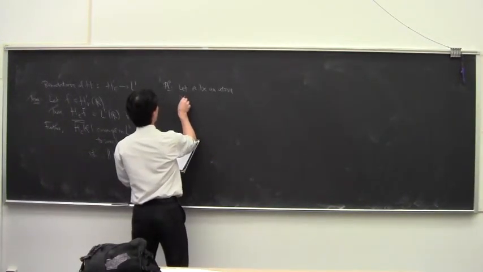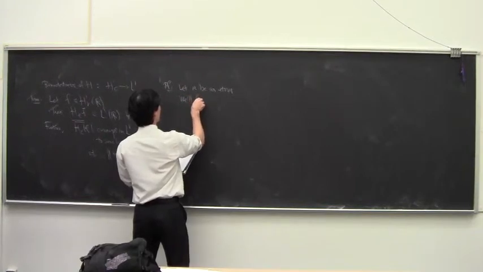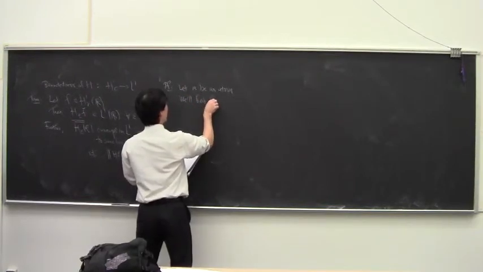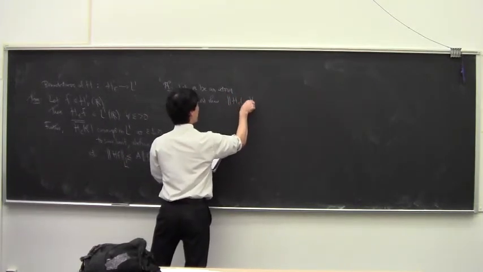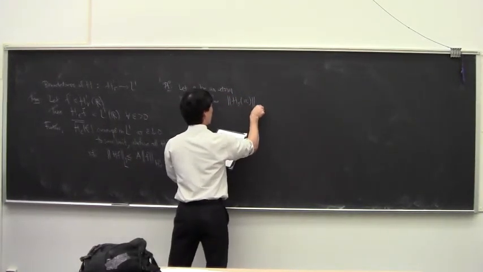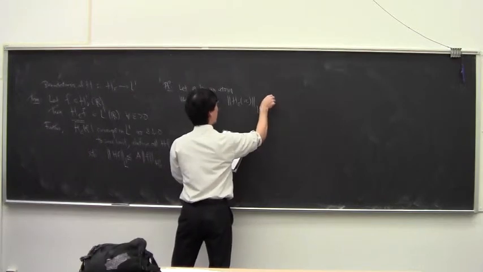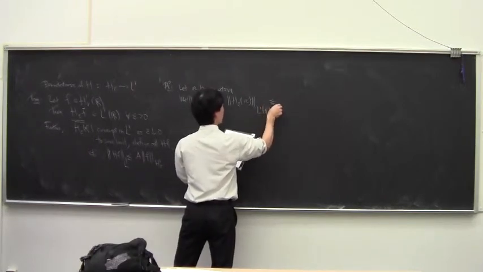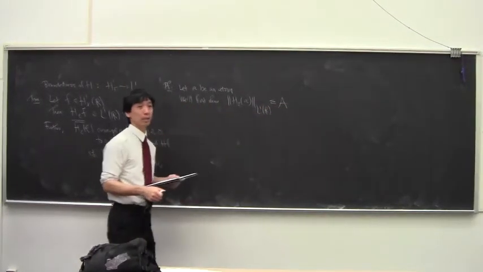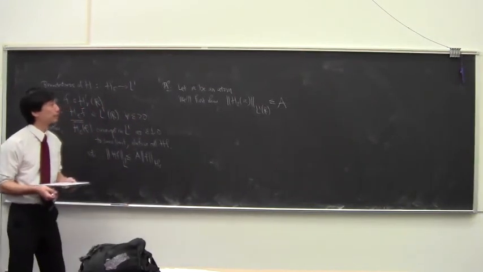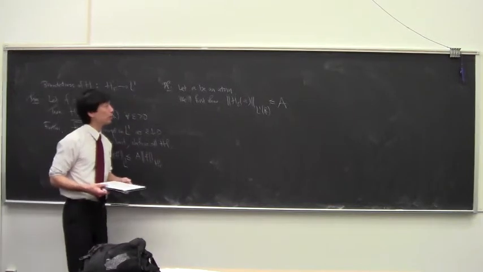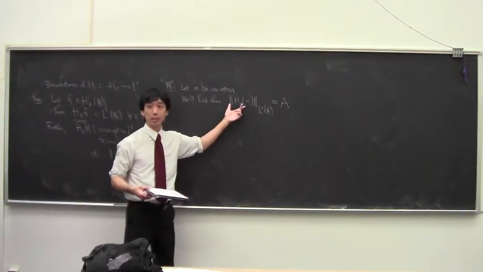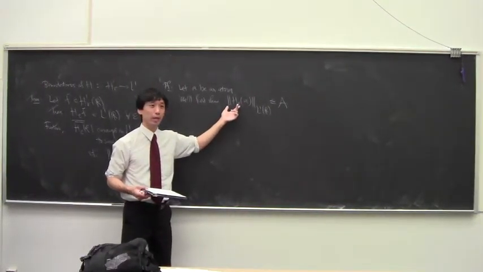So we'll first show that for H epsilon, the L1 norm of H epsilon A is controlled by some independent constant. Okay, and then we'll use this fact to put it together for the general H1 function.